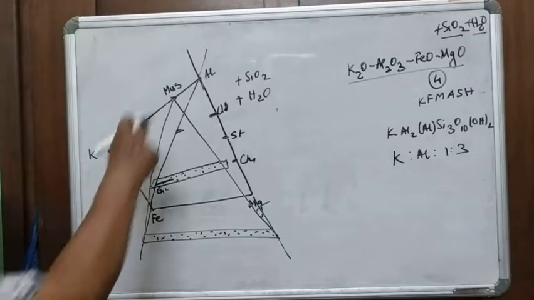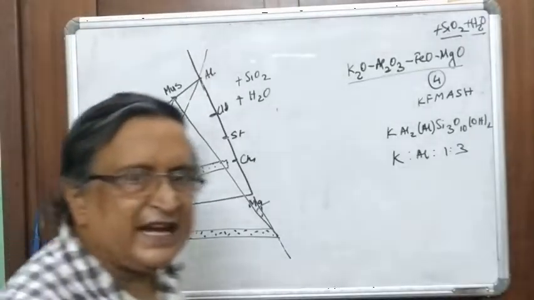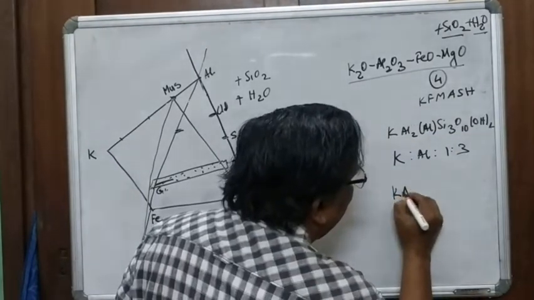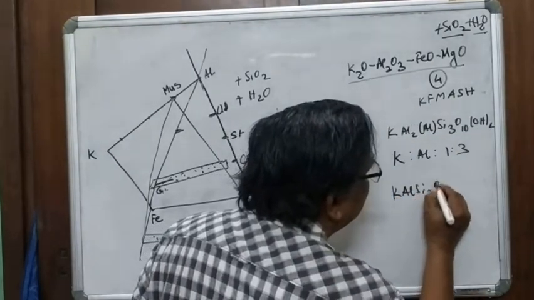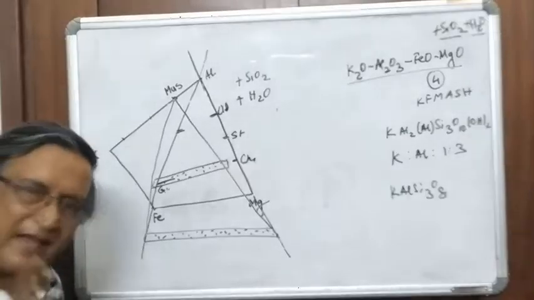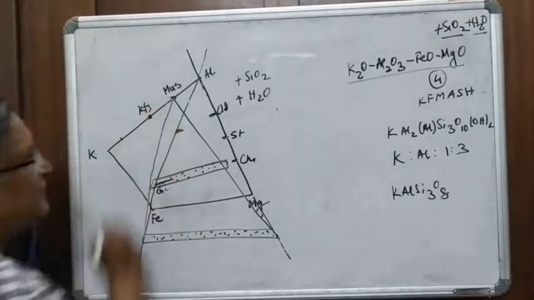From where? From muscovite. Say for example, if I had K feldspar, KAlSi3O8. Have you understood? So now you see, where will it plot? It will plot exactly here, K feldspar. Right?